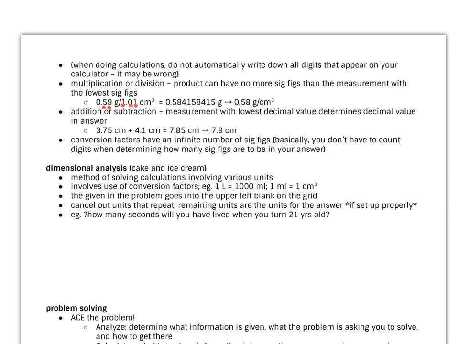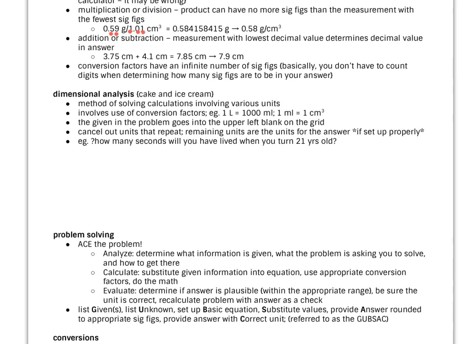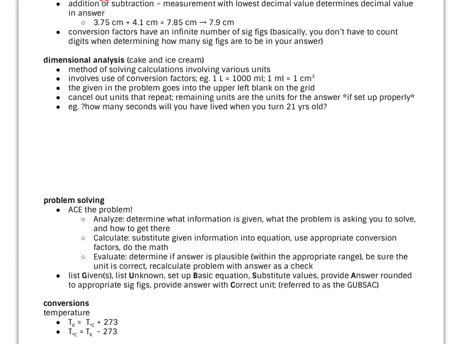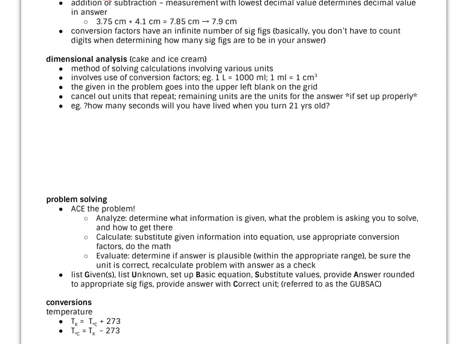Okay? So we are going to talk about dimensional analysis, or as I like to call it, cake and ice cream, because dimensional analysis sounds no fun. So we can call it cake and ice cream here because that sounds more fun. But dimensional analysis is a method of solving calculations involving various units. Okay?